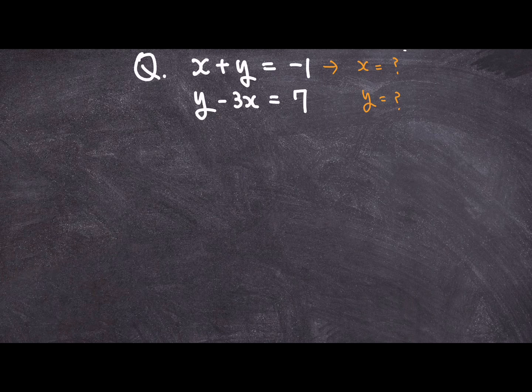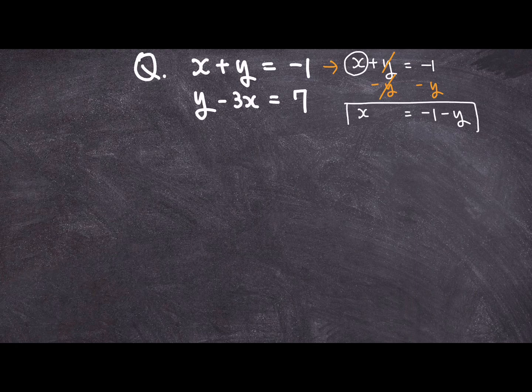Let me show you how I would go about that. x plus y is -1. If I want only x on the left side of the equation and all the rest on the right side, I have to subtract y from both sides so I can eliminate the variable y from the left side, and that gives me x is equal to -1 minus y.